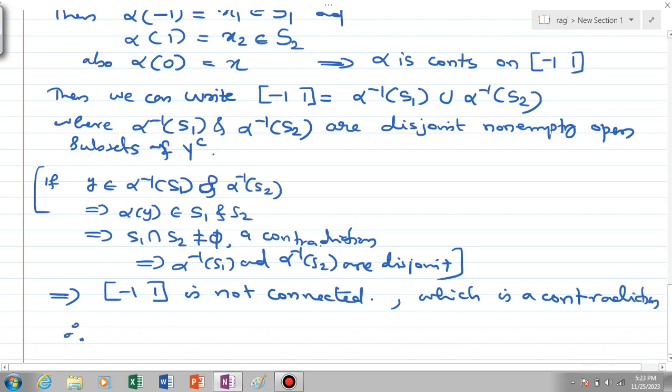Therefore, our supposition is wrong, that is, the complement of Y is connected. That's the proof.